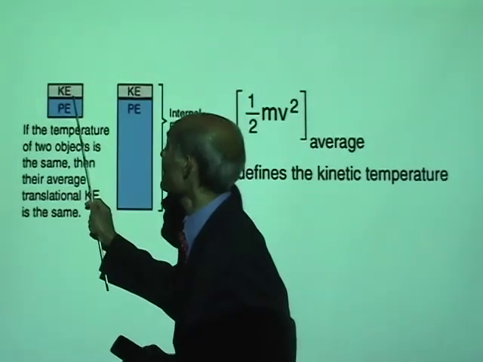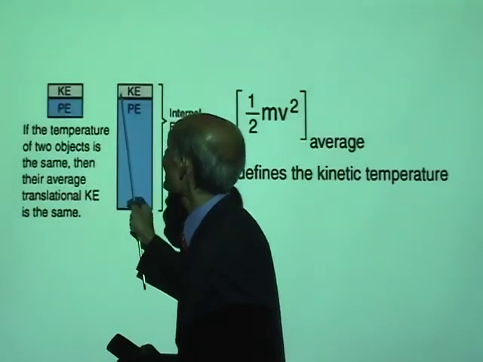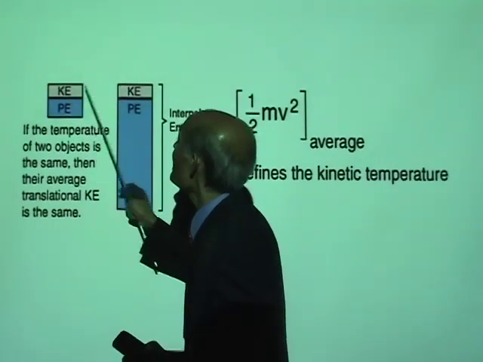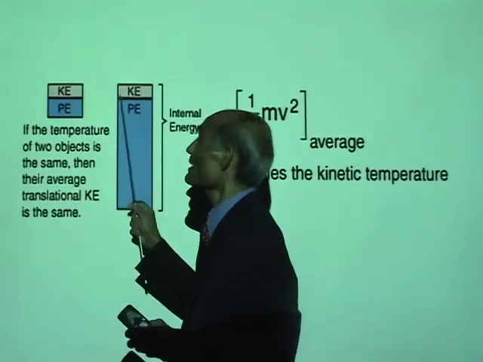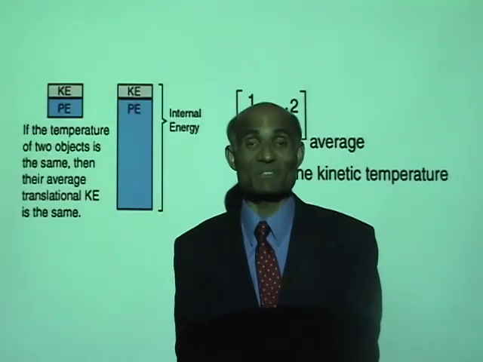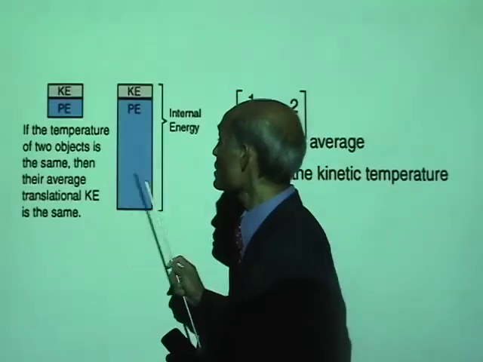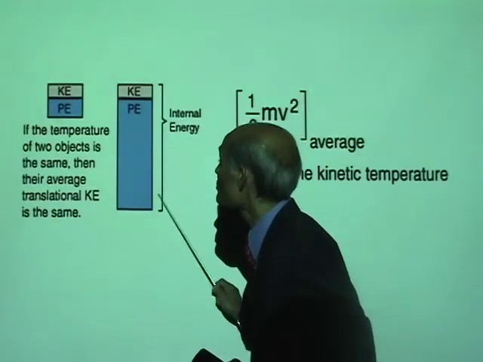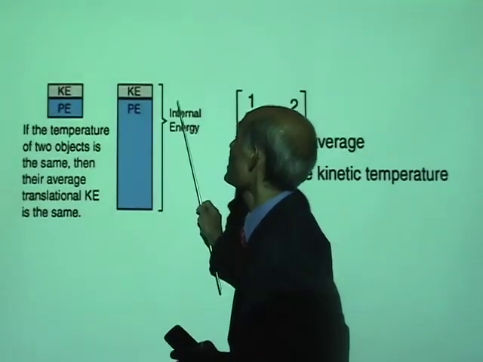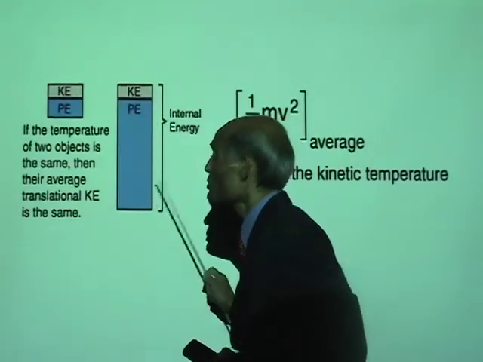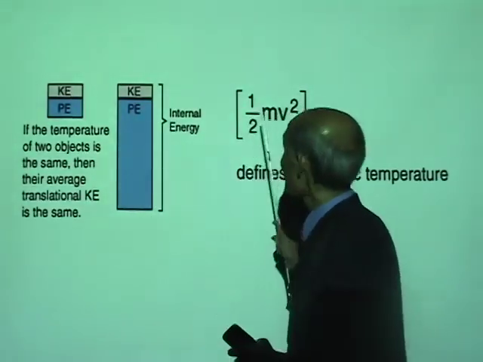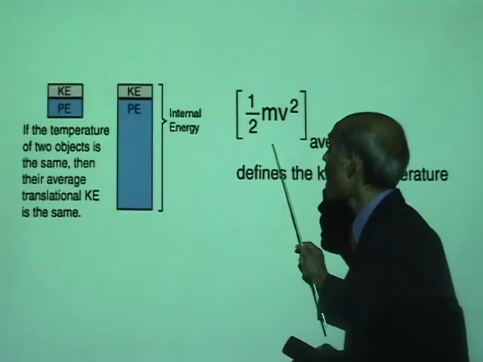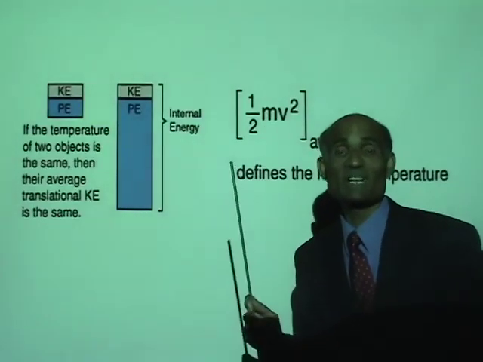Now you notice here that the average kinetic energy is the same in both cases, and therefore the temperature is the same in both cases. But the internal energy is much greater in the second case because there is a greater amount of potential energy. You see, the temperature is determined only by the kinetic energy.